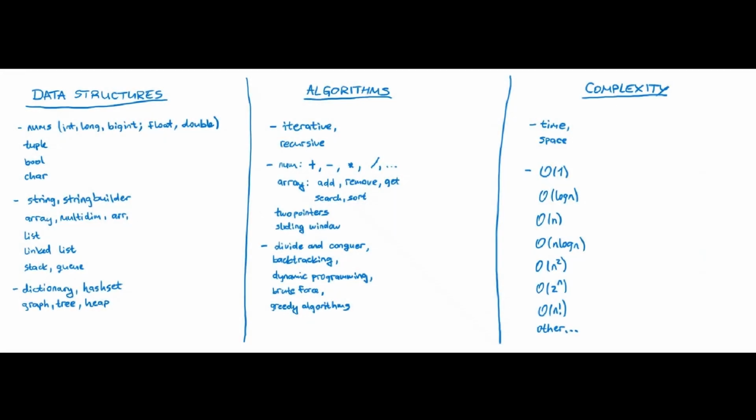Let's take a look at the data structures, algorithms, and complexity we covered. We went through characters and the string data structure. Notice that here we didn't use StringBuilder because we didn't apply any changes on the string directly, in which case StringBuilder would be better.